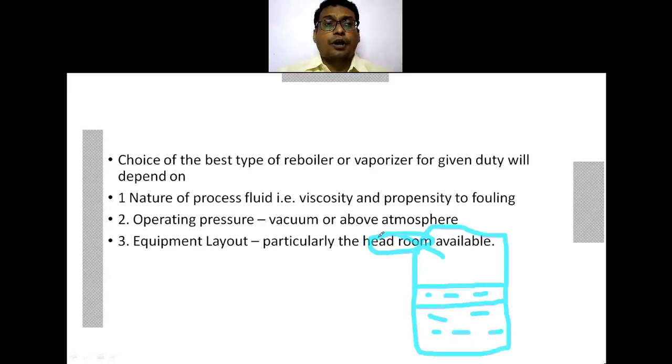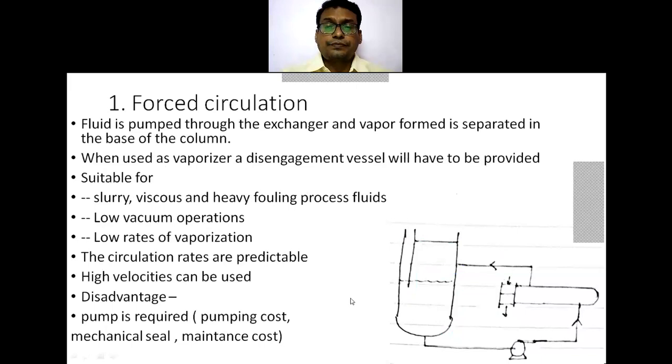If the operating temperature is near the boiling point, then more vapors will be generated, and as a result one has to keep more head space to accommodate those vapors, so that the vapor pressure will not create chaos in the vessel. Now one by one: the forced circulation, the natural circulation, and the third, the kettle type reboiler.